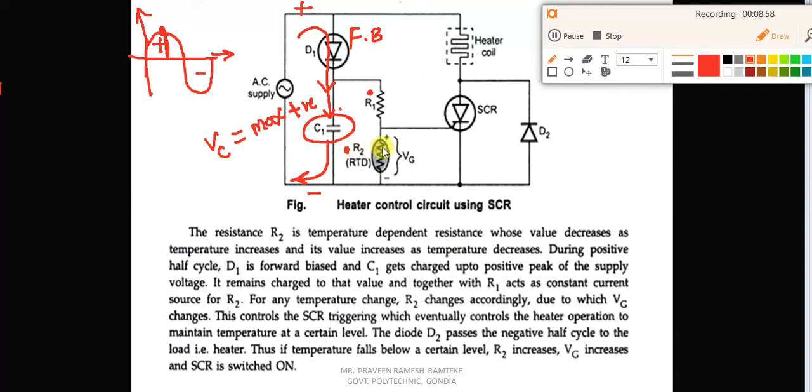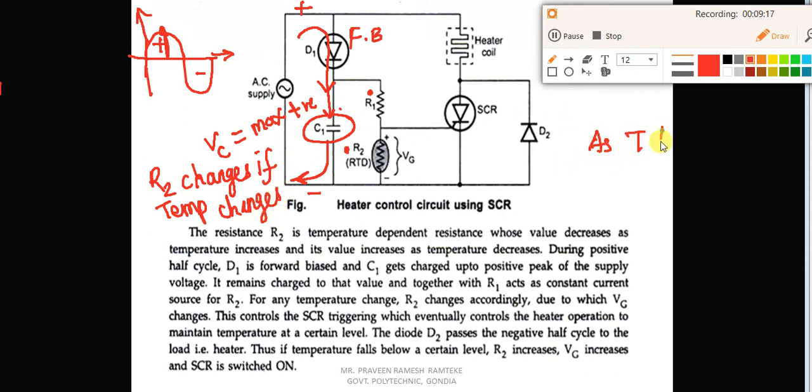So if temperature changes, R2 changes. As temperature increases, resistance decreases. As temperature decreases, resistance increases.